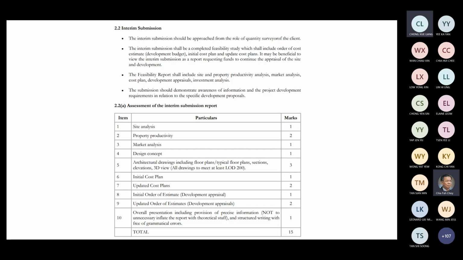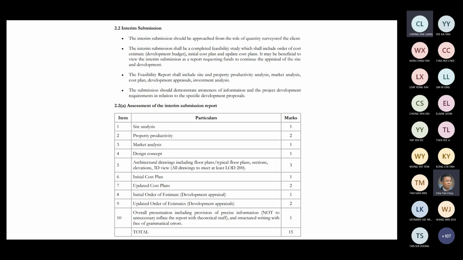We just need some concept. For example, your door size is 900 by 2100. That is roughly the size. Don't need to go for 950, 2105, those kinds of detail. Generally, LOD 200 is to give the idea of what the components are.